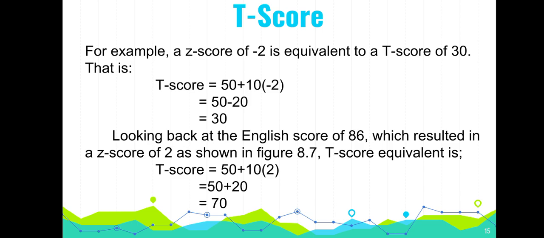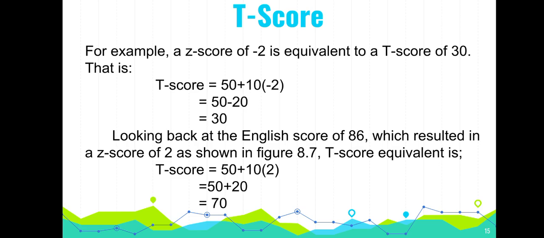So, ito siya. T-score is equals to 50 plus 10 times negative 2 is equals to 50 minus 20. The total is 30.